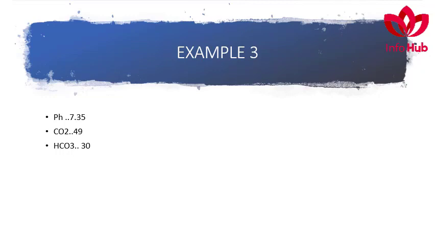I'm not going into further complicated acid-base disorders, like sometimes mixed metabolic and respiratory acidosis can coexist in certain disorders. For the time being, this is enough to understand the basics of arterial blood gases.